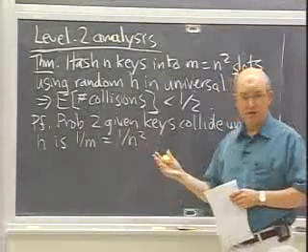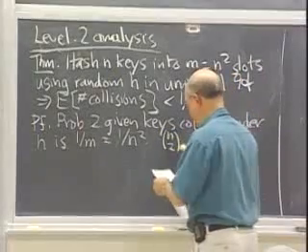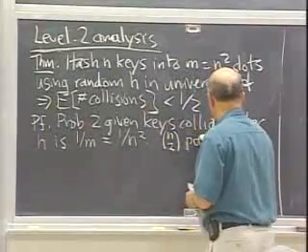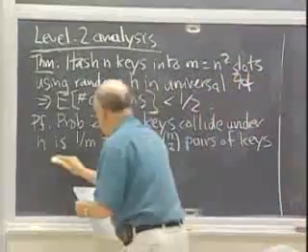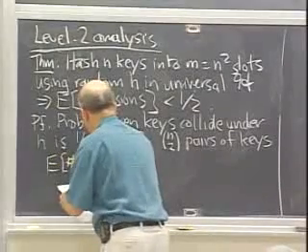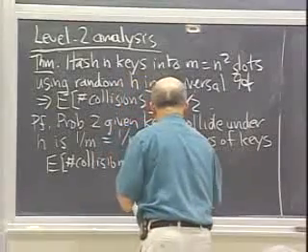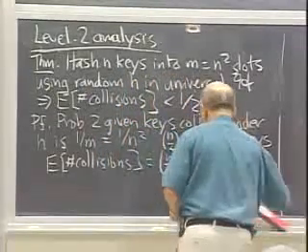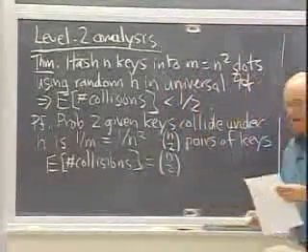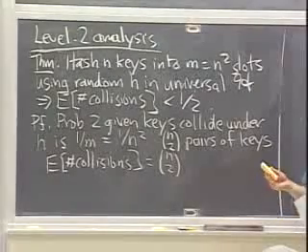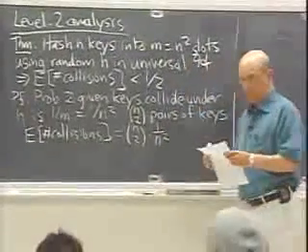So there are n choose 2 pairs of keys. Therefore, the expected number of collisions is, for each of these n choose 2 pairs of keys, the probability that it collides is 1 in n squared.